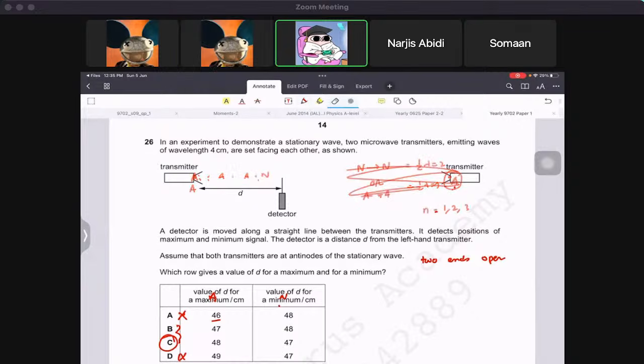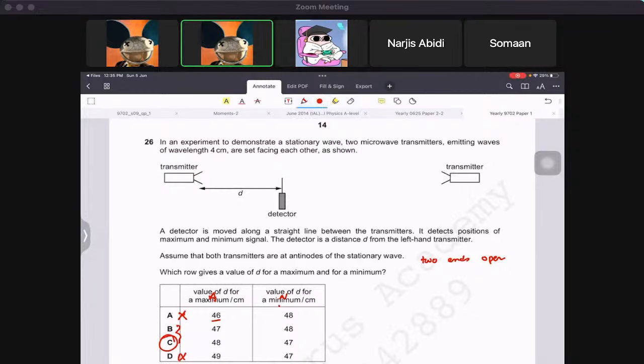Now think about it this way. If that is the case, then lambda will be equal to 2L upon n, right? So lambda is 4 equals 2L upon n. So n would be equal to 2L over 4, or you could say n is equal to 2L. Do you understand? Yeah.